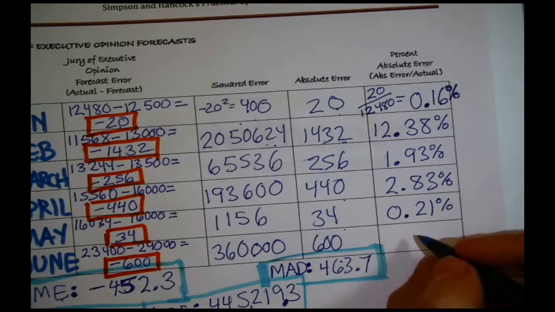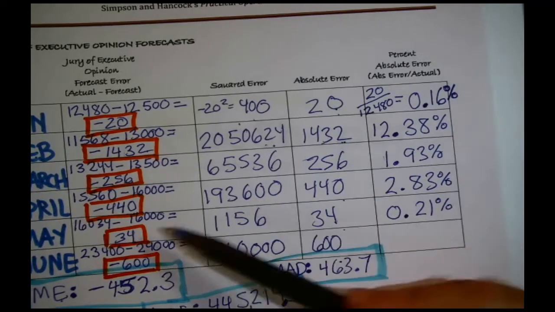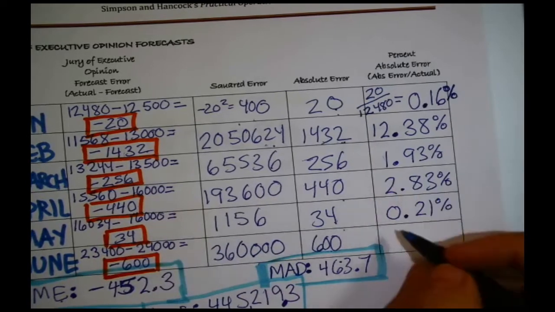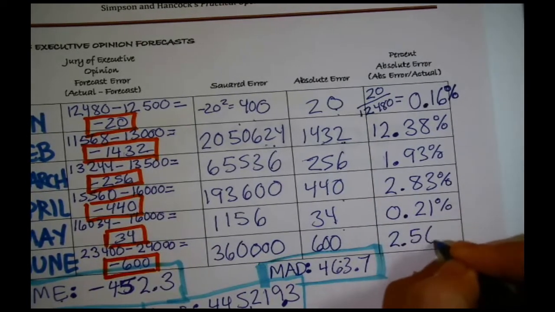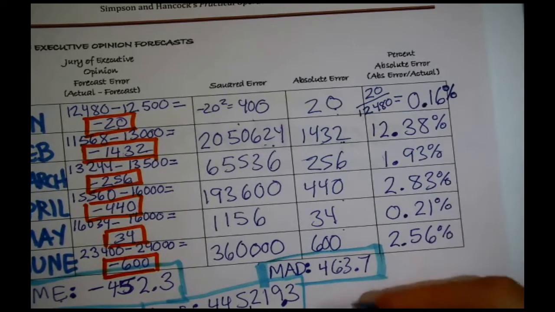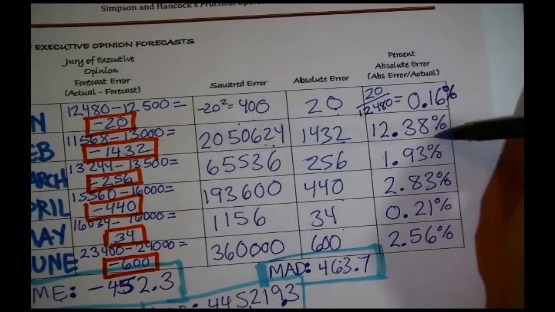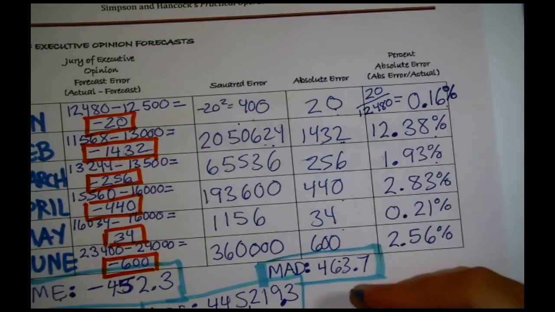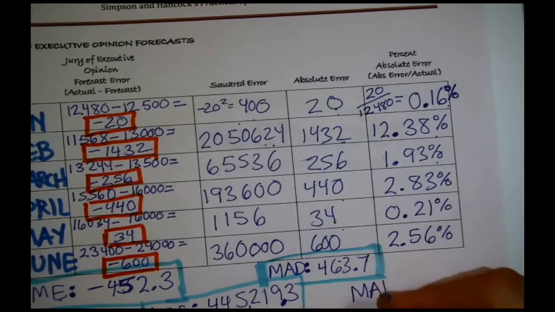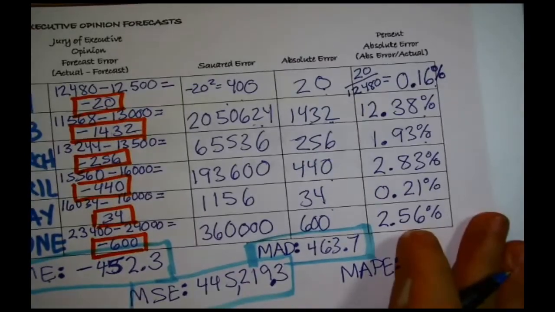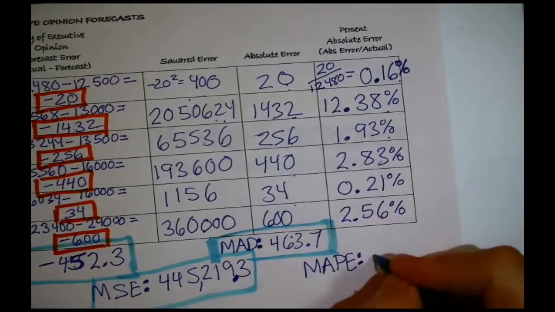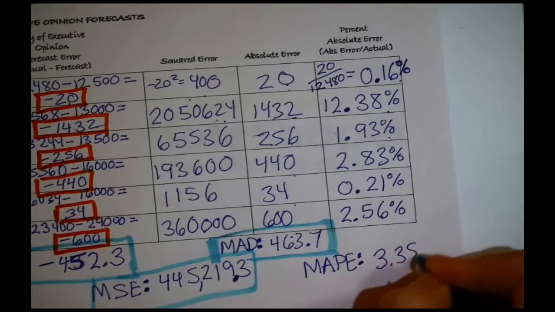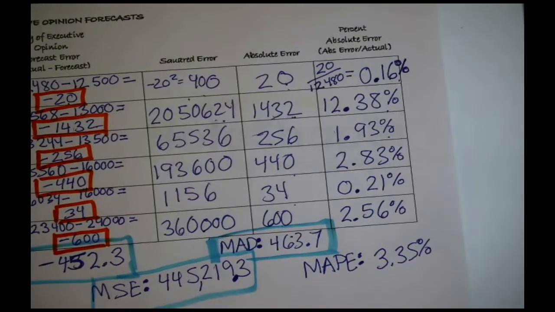But in June, 600 divided by 23,400 is an absolute percent error of 2.56%. Okay, that is the absolute percent error in each one of the forecasts. To score the overall method, we calculate the mean absolute percent error, which is to say we average these numbers. I did that, I get 3.35%.